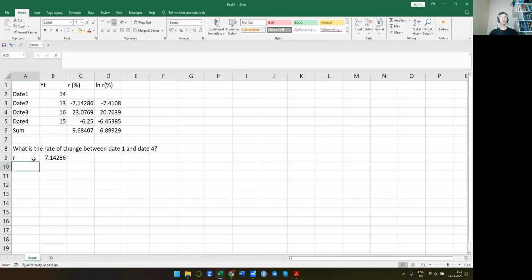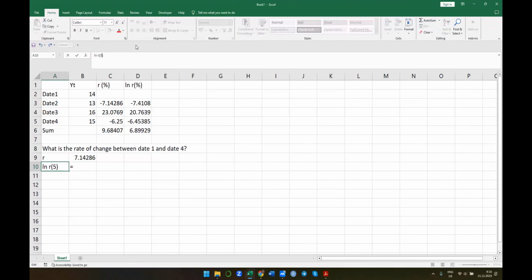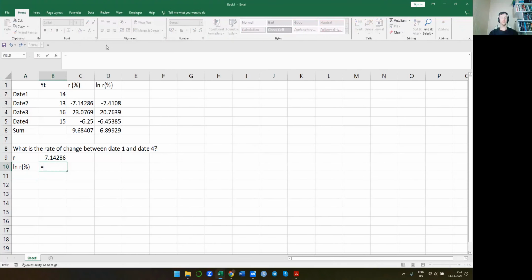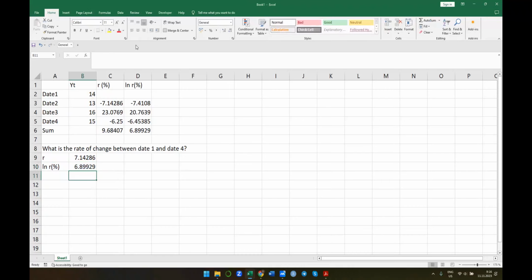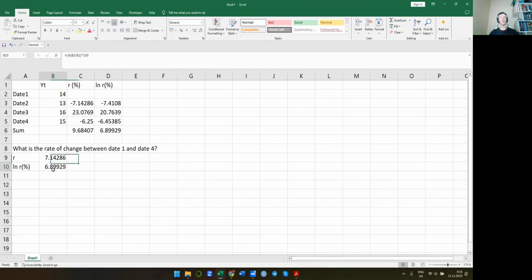Now, if I compute the same with logs, the result is going to be exactly the same. Look. So logs are additive.